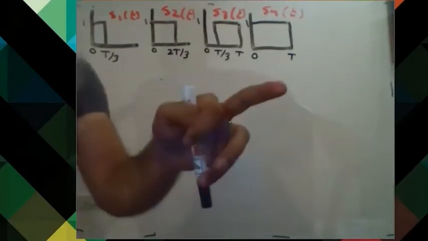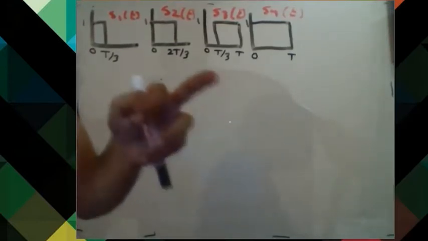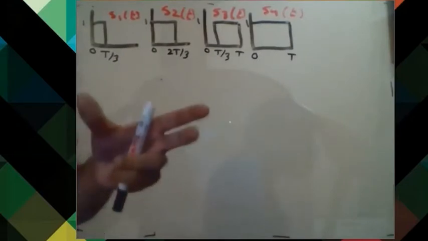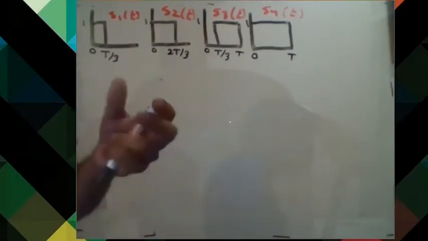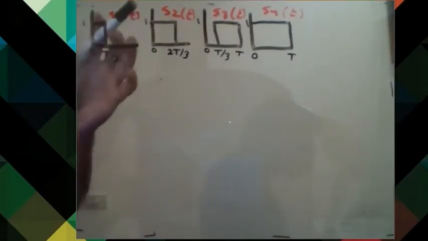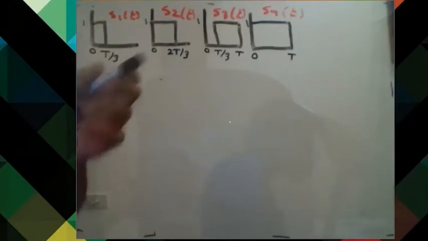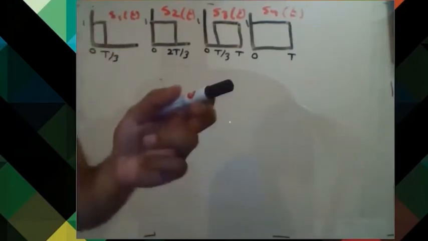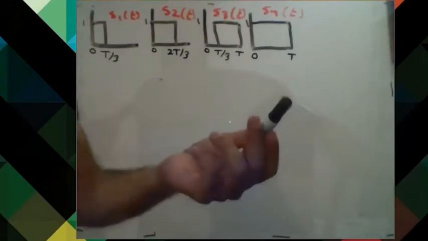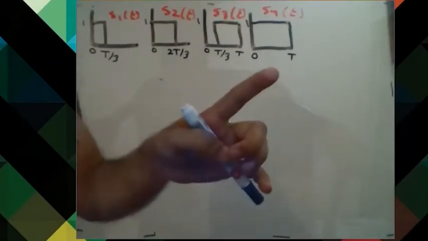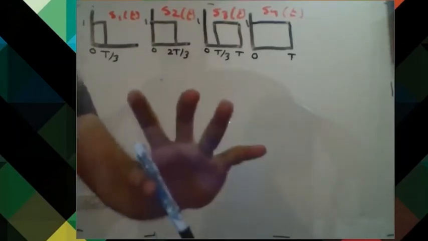So we will leave S4, because when we are done finding the orthonormal basis set, the orthogonal signals that made S1 and S3 would also make S4. So we leave this one alone and initially start with these 3 signals.